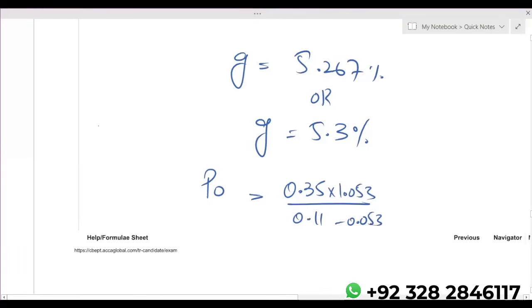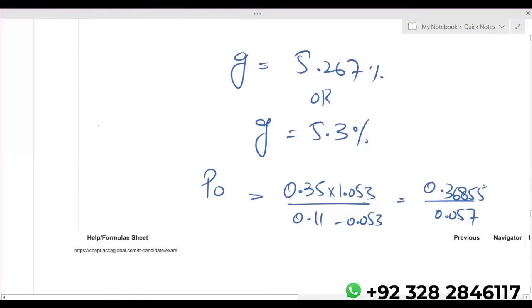So in the denominator, 0.11 minus 0.053, you will have 0.057. 0.35 into 1.053, I'm getting 0.36855.